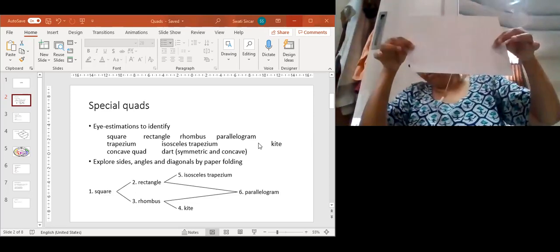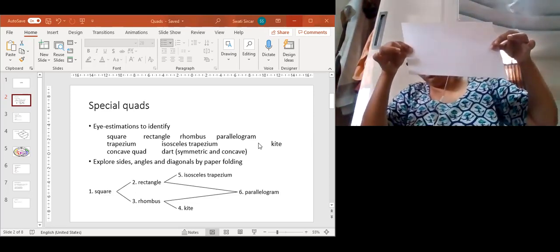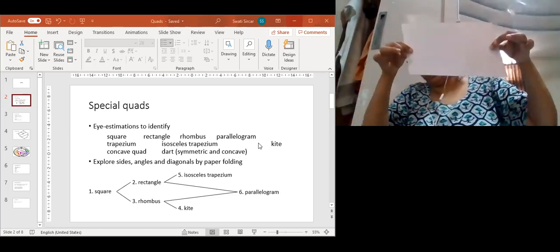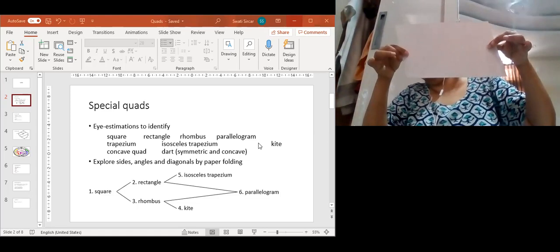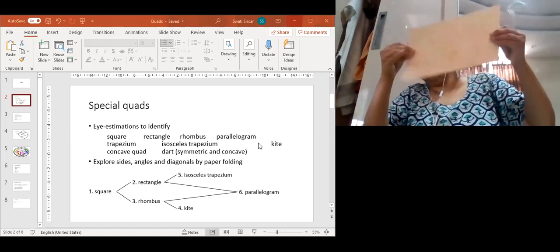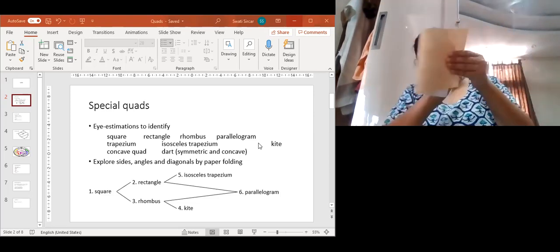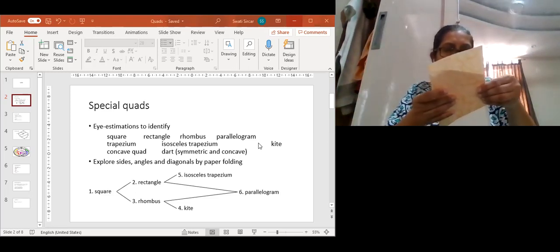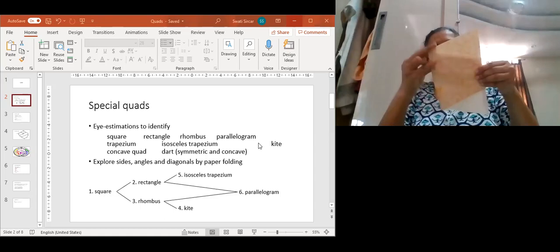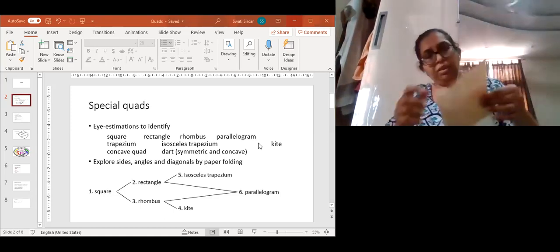Now, think of a parallelogram. Does a parallelogram have any line symmetry? If I try to fold it in half this way, definitely they are not overlapping.